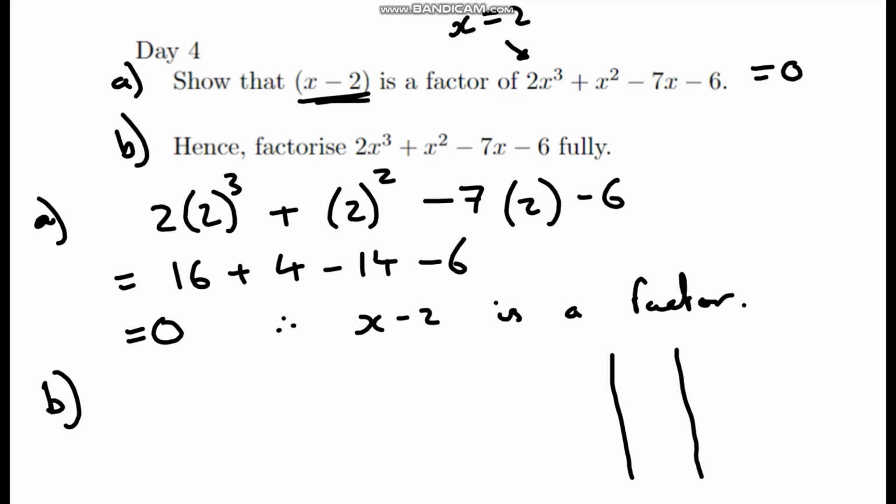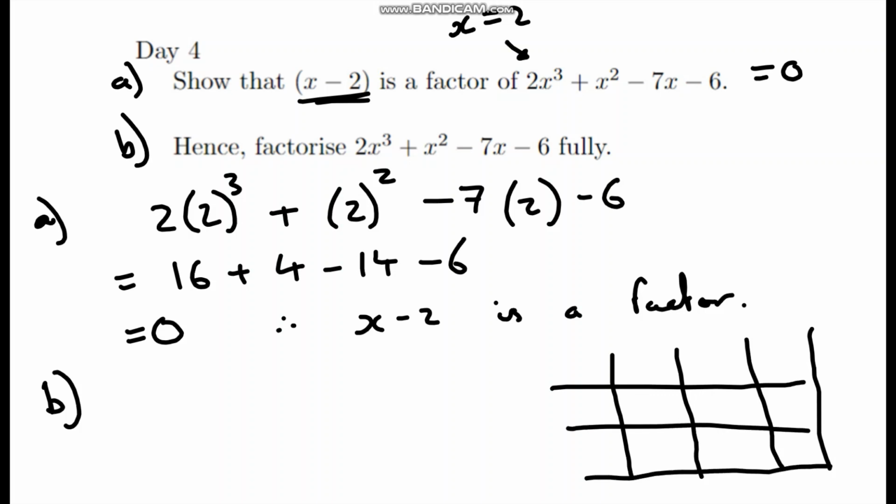So I know that if x take away 2 is a factor, if I multiply it by something x squared, something x, and some number on its own, it's going to give me the elements that add together to give me this polynomial.